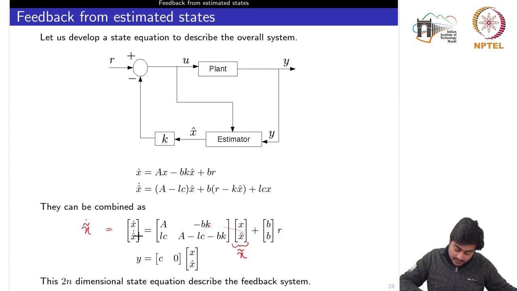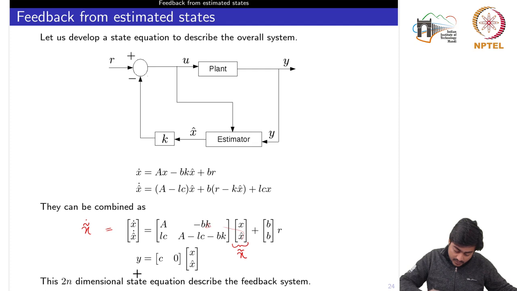The second equation is x hat dot is equal to, we need to find all the terms with respect to x, so LCx, then we have A minus LC minus BK times x hat. So this becomes this element of this matrix, and the last element is B times r. Similarly, the output equation will become Cx and 0 times x hat. Okay, this is pretty much straightforward.